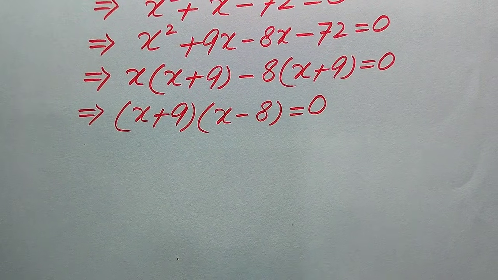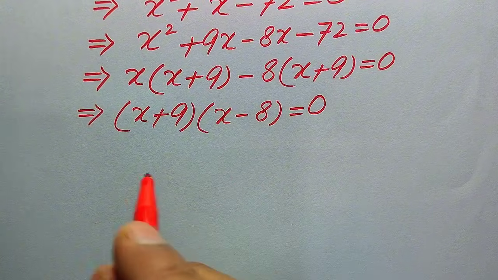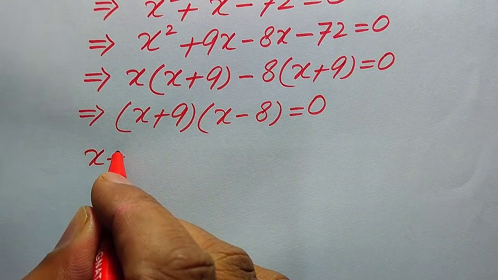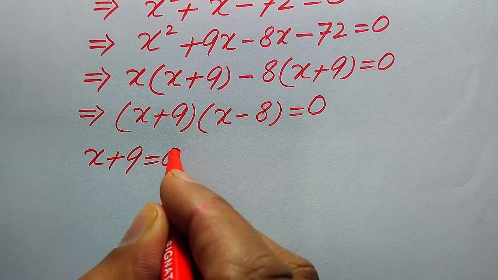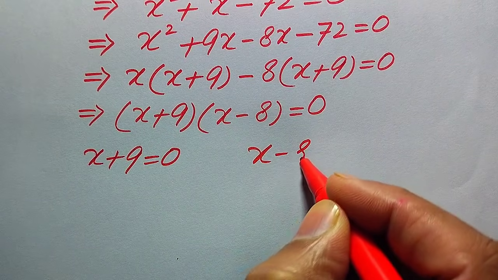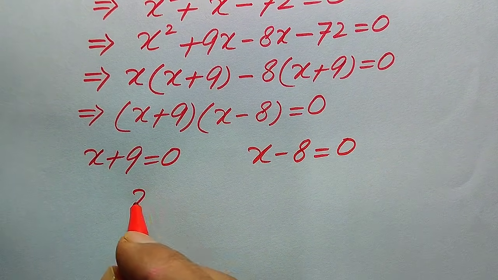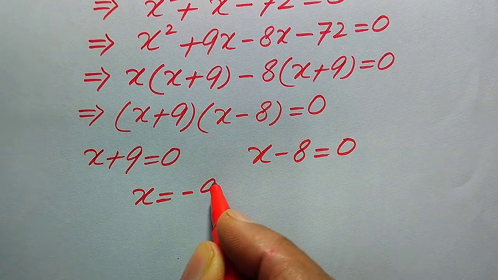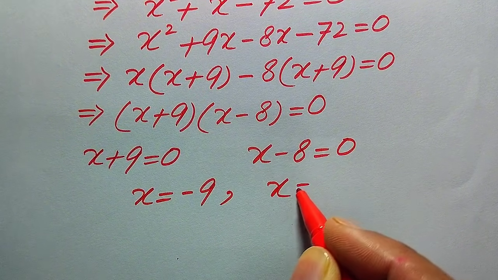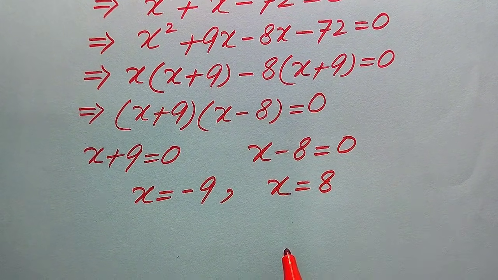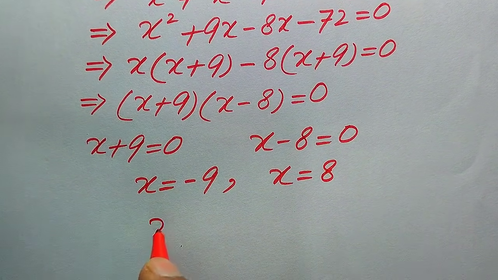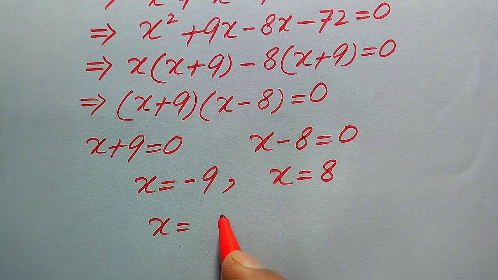In this way we can easily make the factors of this equation. Now we write x plus 9 equal to 0 separately, and x minus 8 is equal to 0. From here we easily get the value of x equal to minus 9, and x equal to 8. So finally these are the two roots of the given equation.